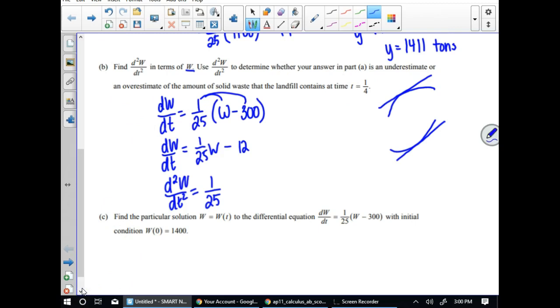But when we take that derivative, with that 1/25 we have to put a dW/dt there, because we took the derivative of a W, so we must put a dW/dt with that.